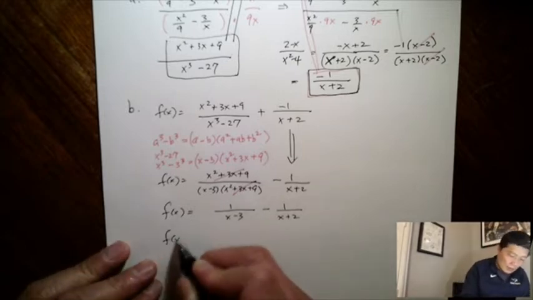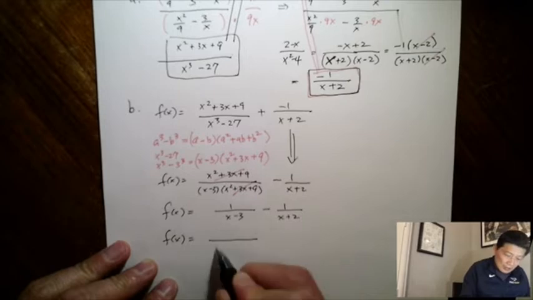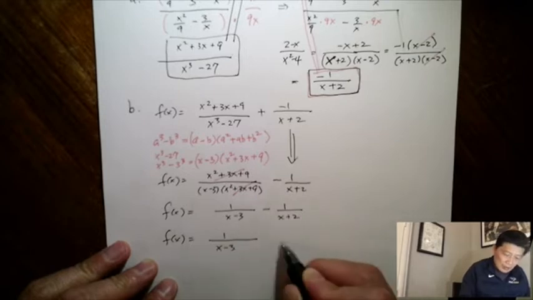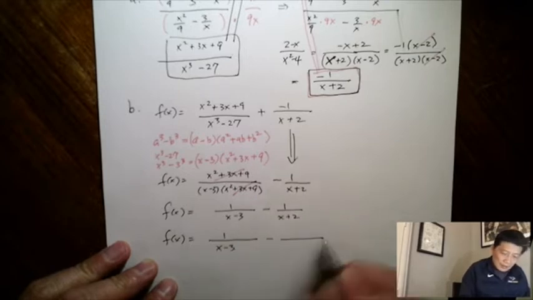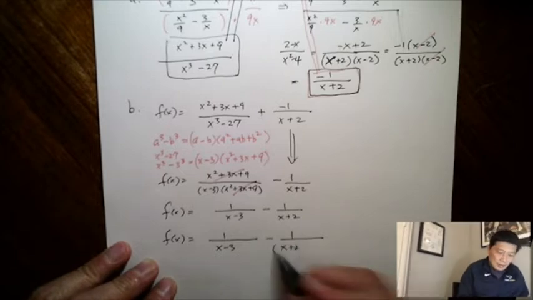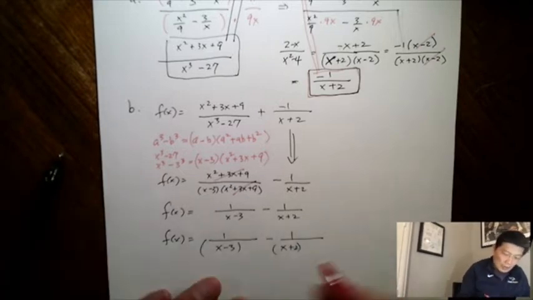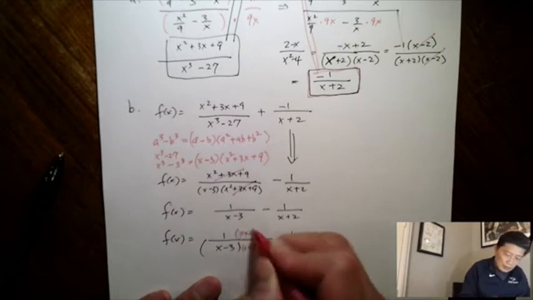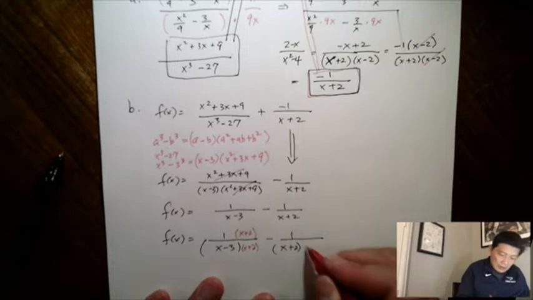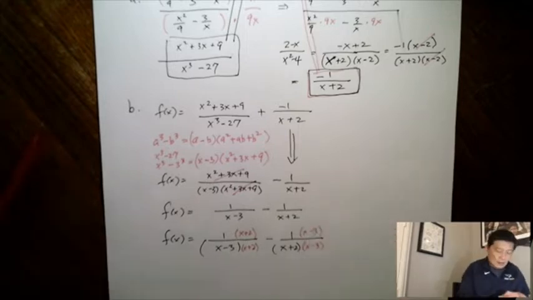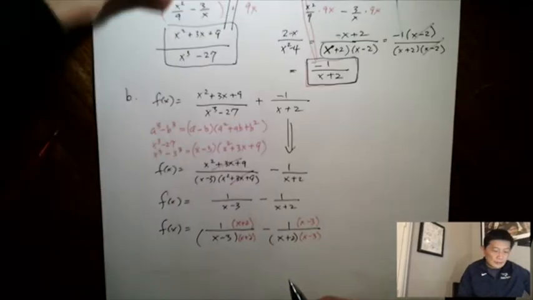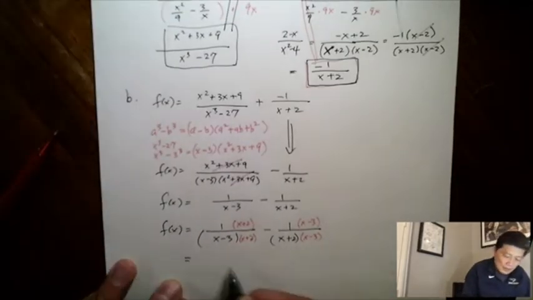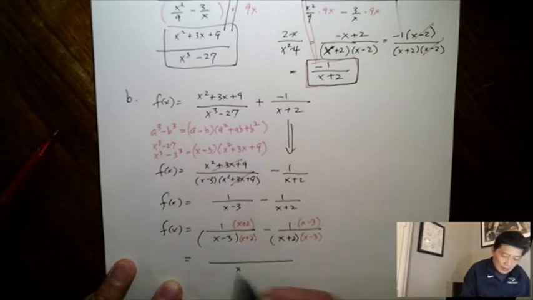Well, for f of x, we'll find a common denominator: x minus 3 over 1, minus x plus 2 over 1. Now we can come up with a common denominator, x minus 3 times x plus 2. But at the top we need to multiply by x plus 2 as well, and x minus 3. So continue on the bottom, x minus 3 times x plus 2.